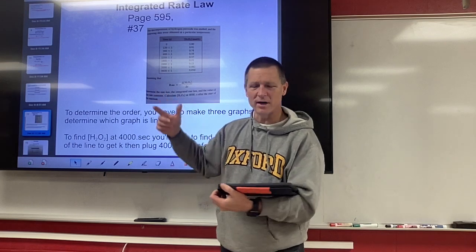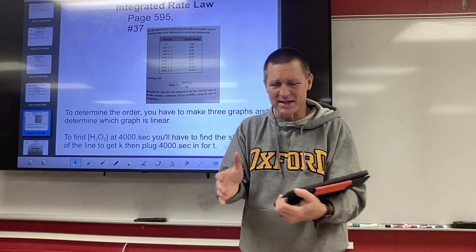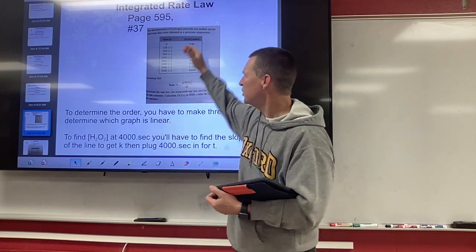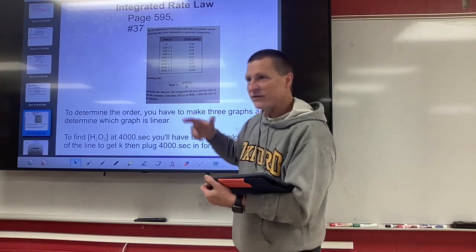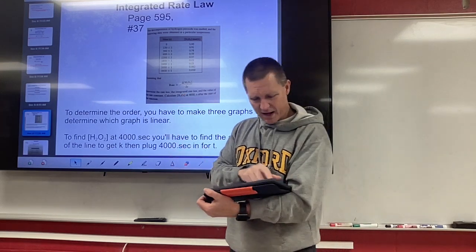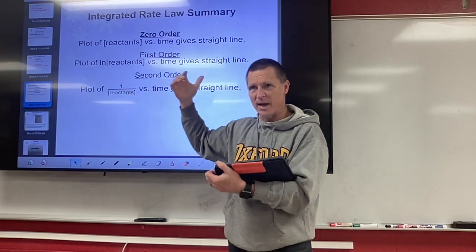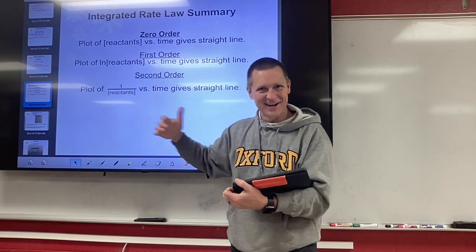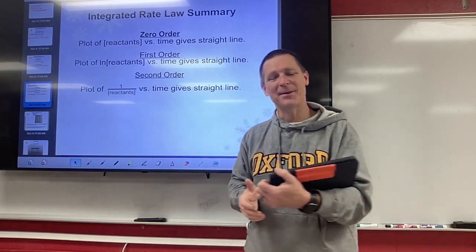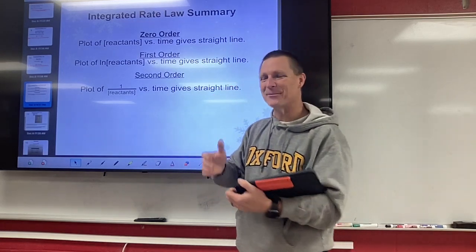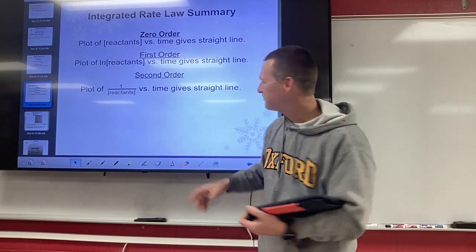So if they say just the rate law, they mean the differential rate law, which again, I'm not going to focus on until later. But we just used this data to determine what the integrated rate law was. We had to do the 3 graphs in order to do that. We have to make the 3 graphs of the concentration versus time, the natural log of the concentration versus time, and then the inverse of the concentration versus time.